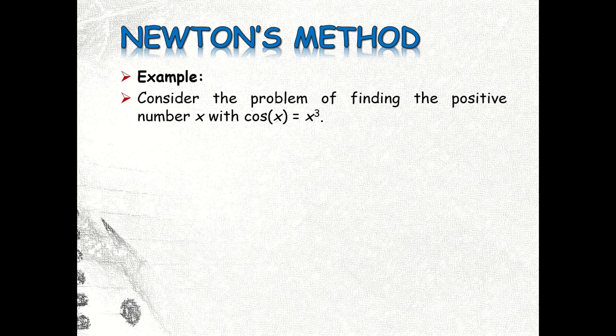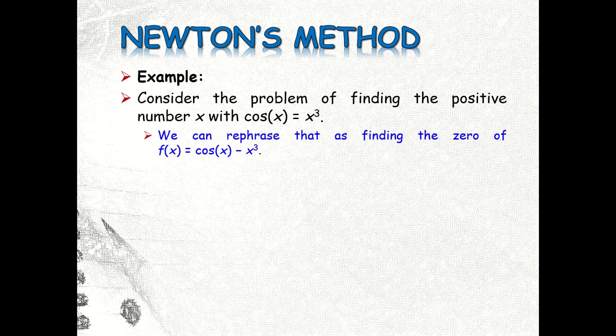So consider the problem of finding the positive number x with cosine x equal to x cubed. First, we can rephrase this as finding the zeros of f of x equal to cosine x minus x cubed. So in this one, class, we just let the function be equal to this, meaning you just transpose this to the other side, so you have now the minus.